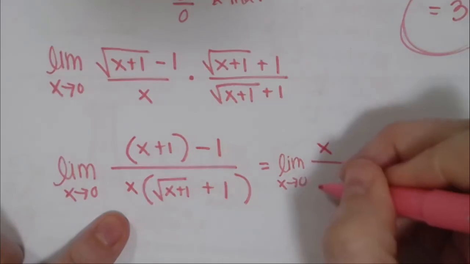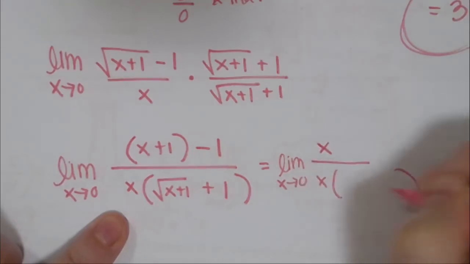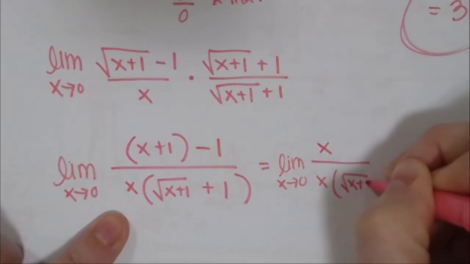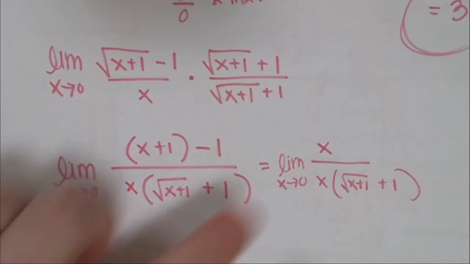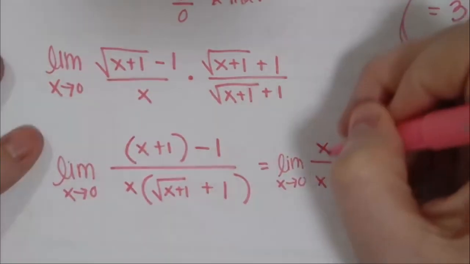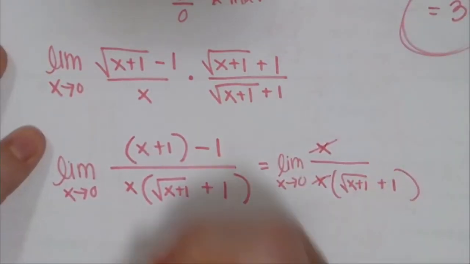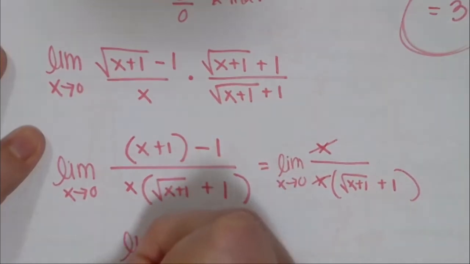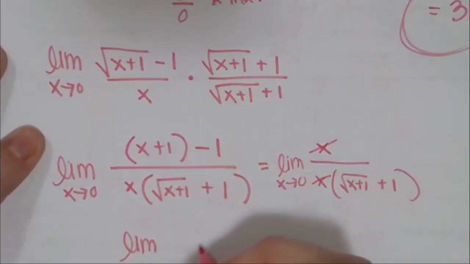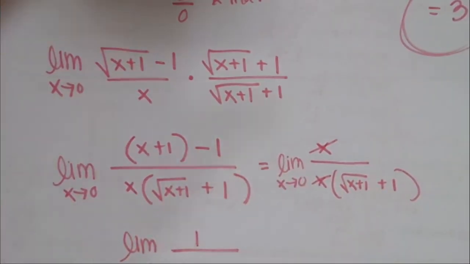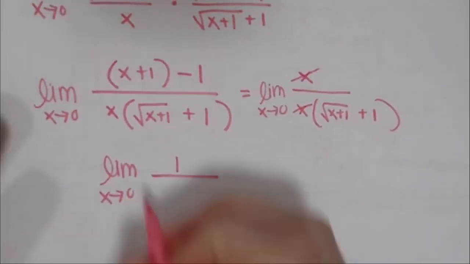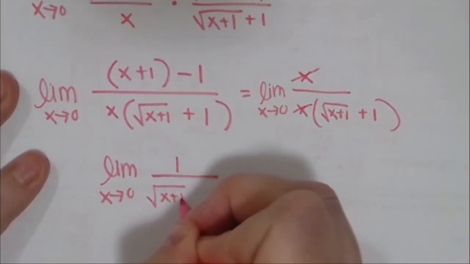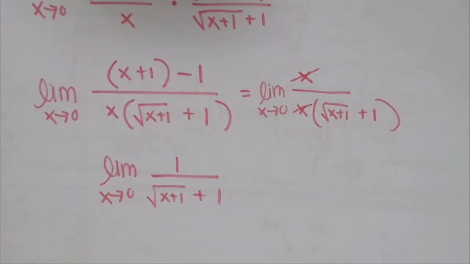On the bottom, we still have x times all of this mess, but now I have a factor on top and bottom that will cancel out. So now I'm left with the limit as x approaches 0 of 1 over the square root of x plus 1 plus another 1.